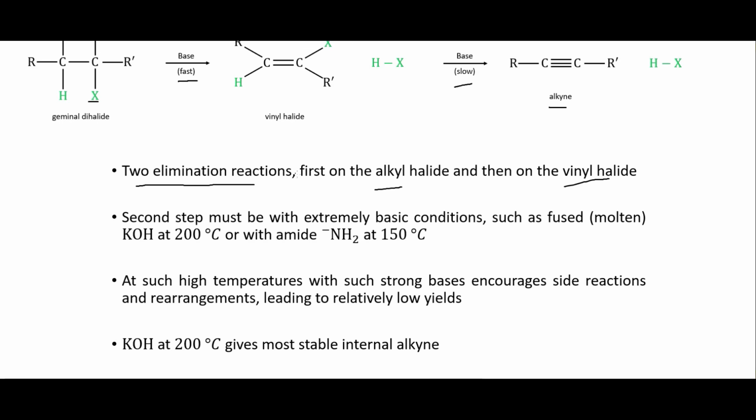Then the second step has to use these extremely basic conditions with really high temperatures. And so we can use the fused or molten potassium hydroxide, which is at 200 degrees Celsius, or we can use this amide at 150 degrees Celsius.